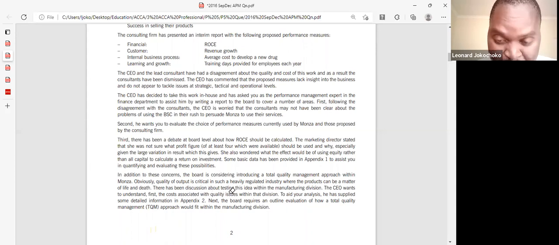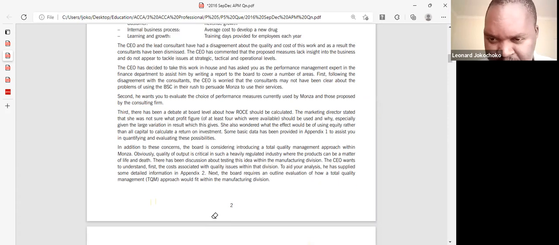There's been discussion about testing this idea within the manufacturing division. The CEO wants to understand first the cost associated with quality issues within the division. To aid your analysis, he has supplied some detailed information in Appendix 2.